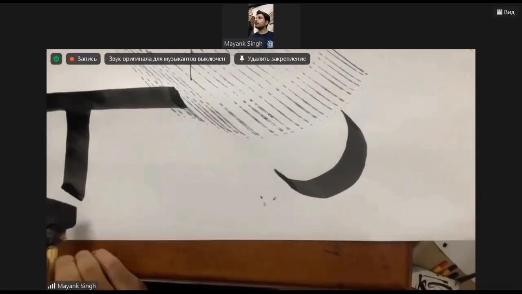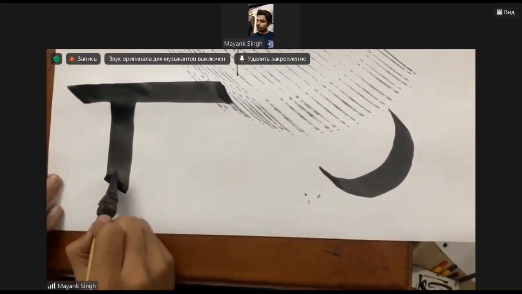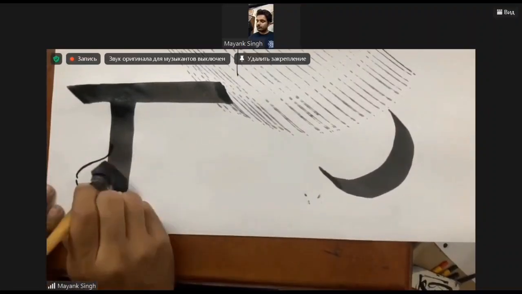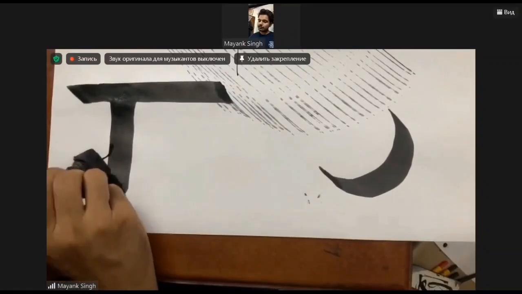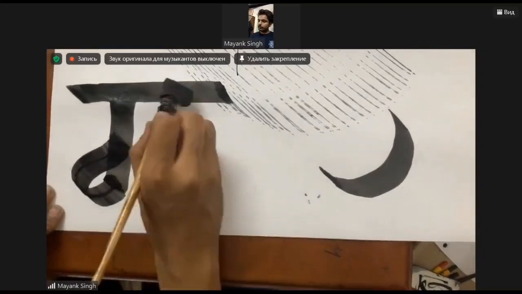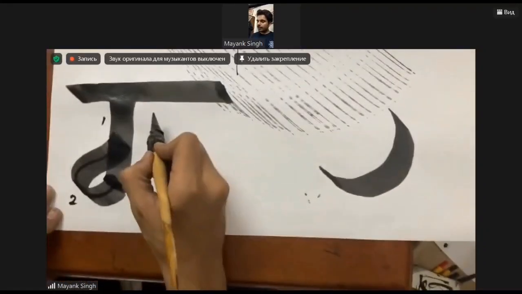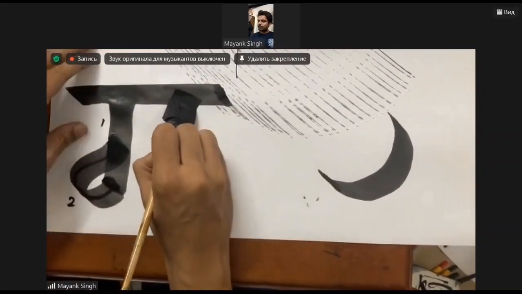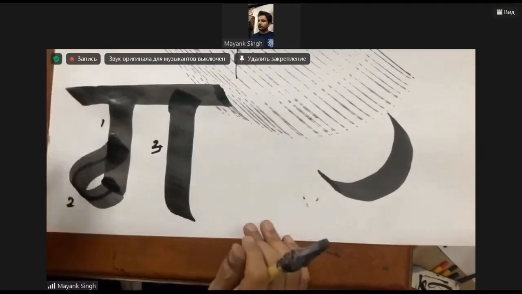From here, you make a circle and take it back into the first stroke. You need to merge it in the first stroke. First, second, and then the third stroke would be this. Ga.